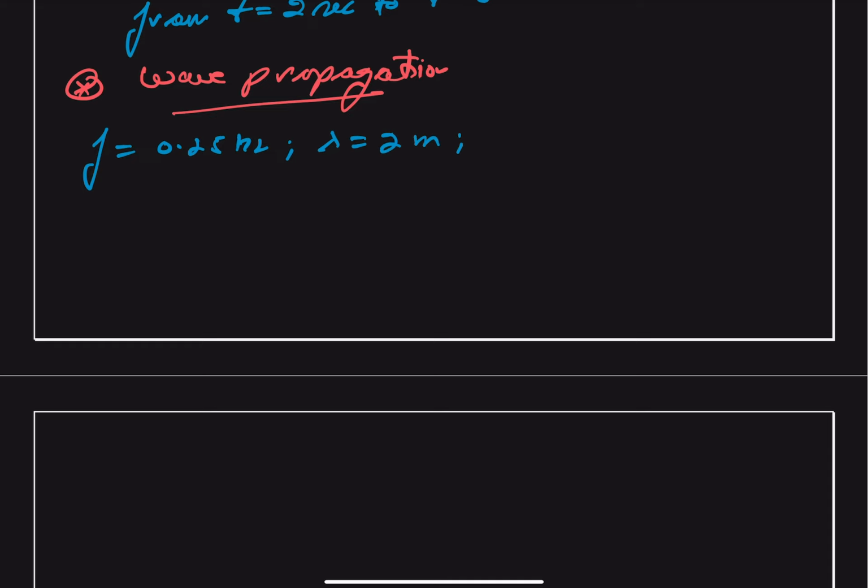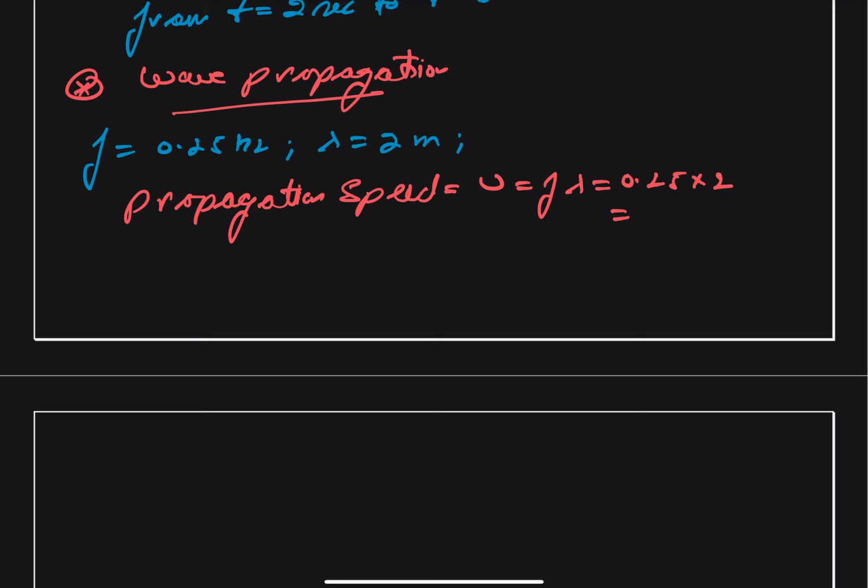So we can say propagation speed, which is v, will be equal to frequency multiplied by lambda, and that is 0.25 multiplied by 2, and this gives us 0.5 meter per second.